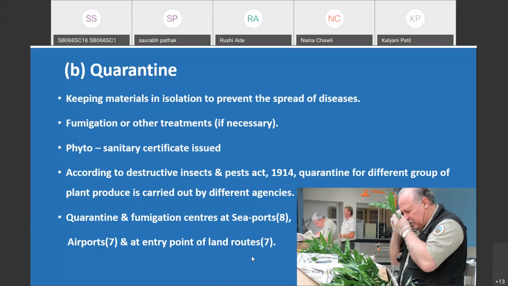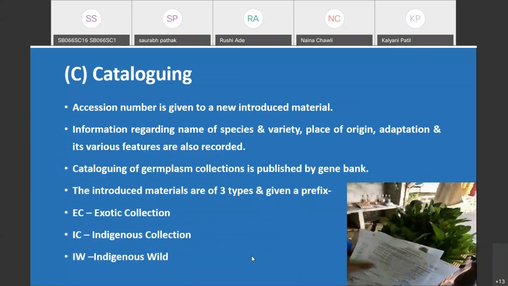Otherwise, what would happen if this step is not done properly? In the past, plant introduction was carried out in a scattered and unscientific manner, due to which different types of insect, pest and diseases along with the introduced plant material got introduced in our country. Okay, just to avoid this, quarantine is the most important step in plant introduction. Okay, then the cataloging.